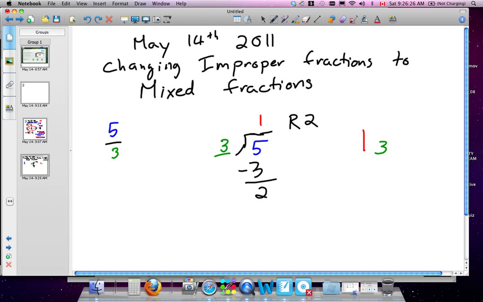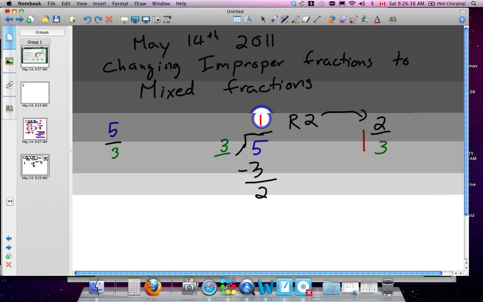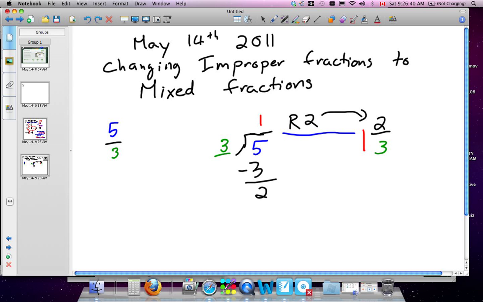But the new number on top will be 2, our remainder. So essentially this is how we put it all together. The number in front is our new mixed number, our full number. Our 3 is still the denominator, so we put it at the bottom, and our remainder becomes the numerator. It goes right on top. Does this make sense?